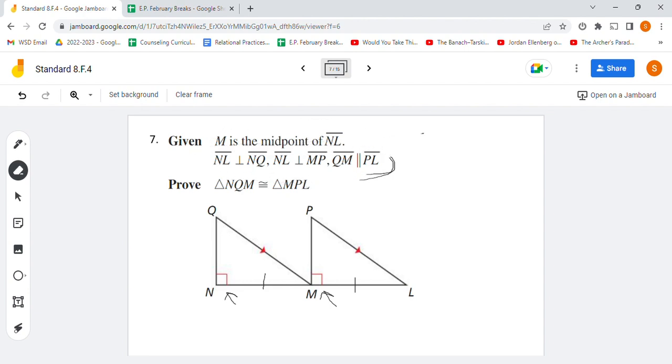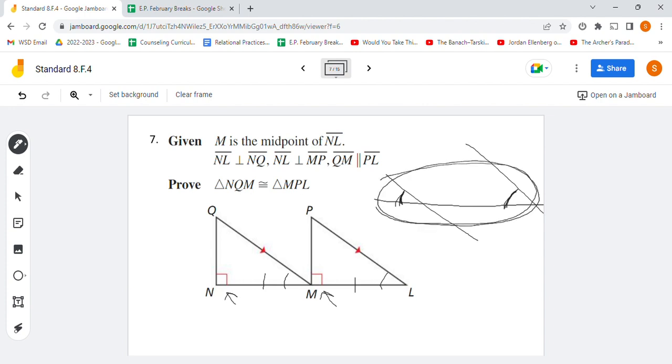And to get our last piece of information, we're going to go back to parallel lines. These two parallel lines are cut by a transversal. NL is a transversal to parallel lines. And so if I take that picture here, I can see that this angle would be that one right there, and this angle would be that one right there, and they are corresponding angles in this picture for parallel lines, and we know that corresponding angles of parallel lines are congruent to each other.